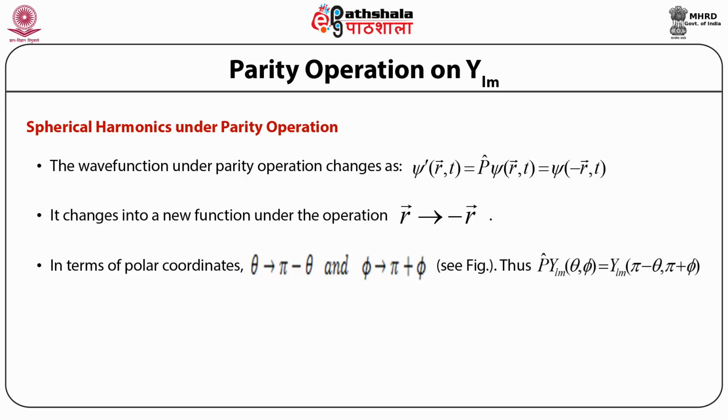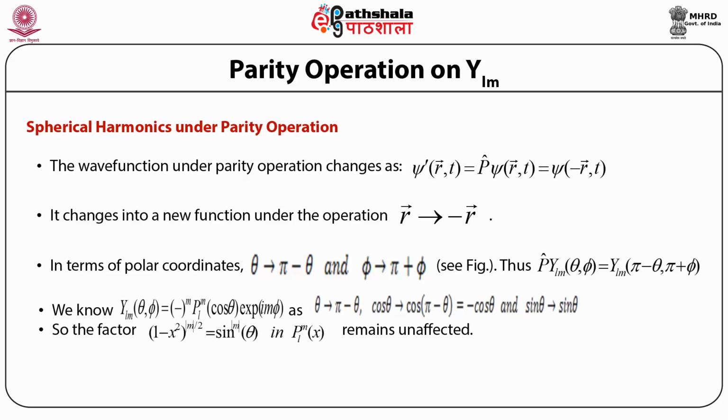Thus, the parity operator acting on the spherical harmonic YLM theta phi will return the spherical harmonic YLM pi minus theta, pi plus phi. Now, we know that the spherical harmonic YLM theta phi is represented in terms of the Legendre polynomial as minus 1 to the power m times PLM cos theta times exponential of i m phi.